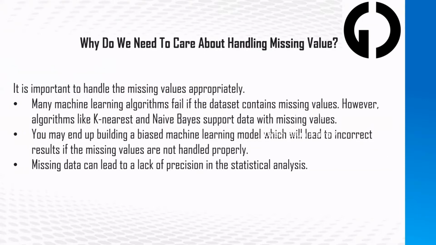Why do we need to care about handling missing values? It is very important to handle the missing values properly. Many machine learning algorithms fail if the dataset contains missing values, so we have to handle them, or give them a proper format so that machine learning models could fit that data. However, algorithms like k-nearest neighbors or naive Bayes support data with missing values.